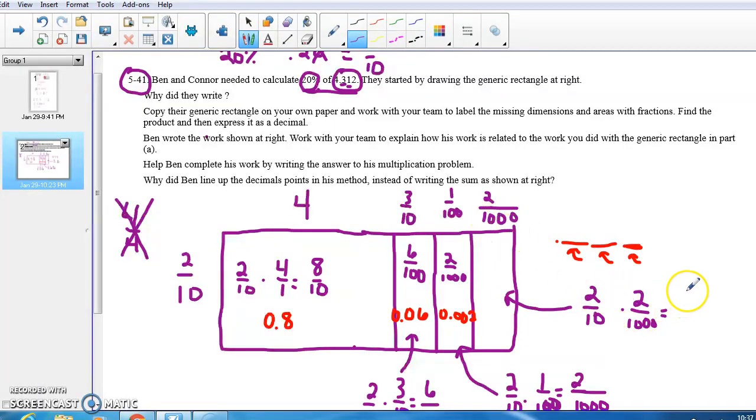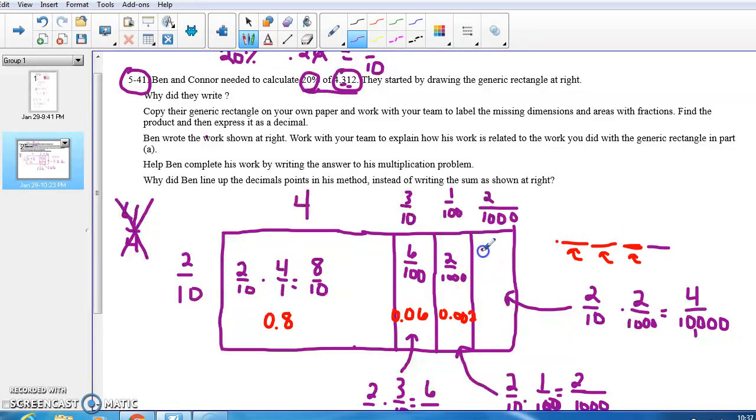2 times 2 is 4, and 10 times 1,000 is going to be 10,000. Otherwise known as 1 with 4 zeros. And if we have to figure out the place value for that, this is the tenths, this is the hundredths, this is the thousandths, right here would be the 10,000ths.